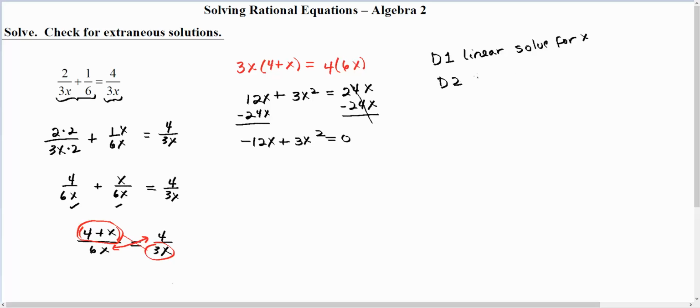And if it's degree 2, which is a quadratic, then I would factor first, then solve for x. So what can I pull here? I can pull a negative 3x. Now we get 4 plus x equals 0. Oh, duh. All I had to do was unfactor a little bit here, except for that negative sign. This should be a negative sign, right?